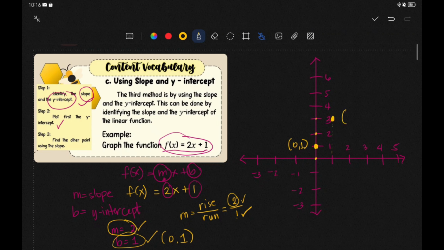So that is the location of our next point. That is 1 and 3. Now, since we have the next point, we are going to make a line that passes through the 2 points. So we are going to connect. So this is now our graph.